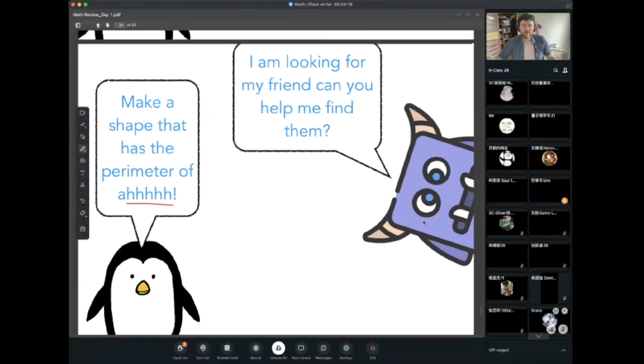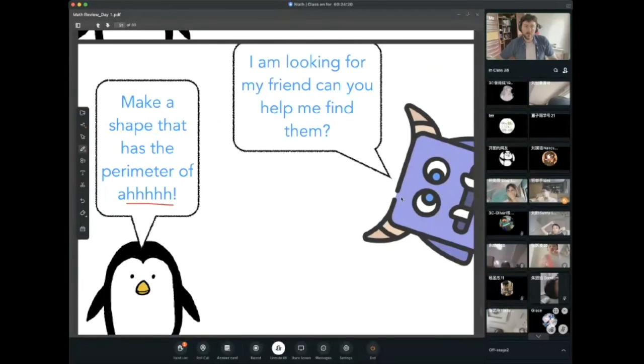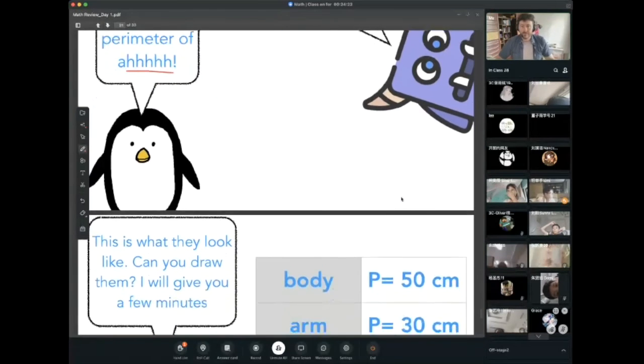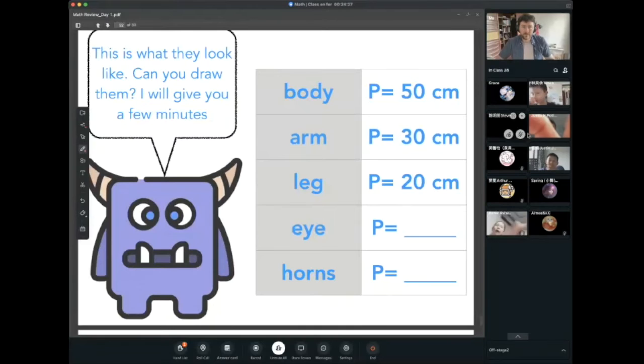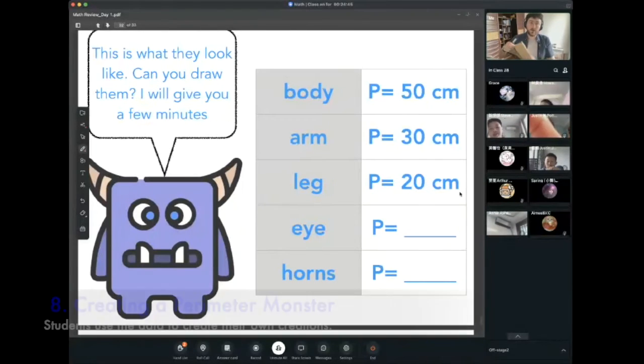Now what we're gonna do now is you guys are gonna make your own monster on your paper. Oh, sorry. Steven, we need you to come back for one more. This is what they look like. Can you draw them? I will give you a few minutes. Okay. So you guys are going to make your own monsters in your notebook right now.